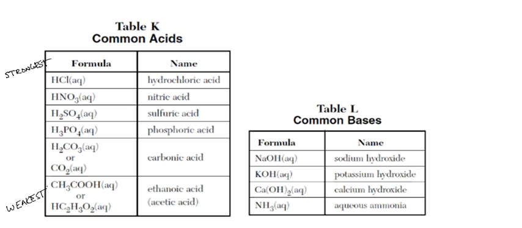So HCl is a strong acid. Carbonic acid is a weak acid. Also with the bases, our strongest bases will be at the top, and our weakest bases will be at the bottom.